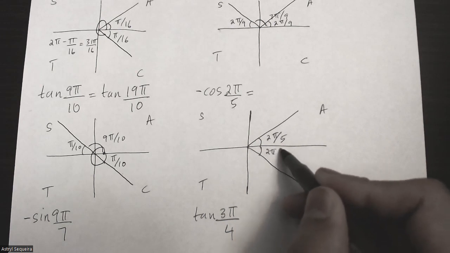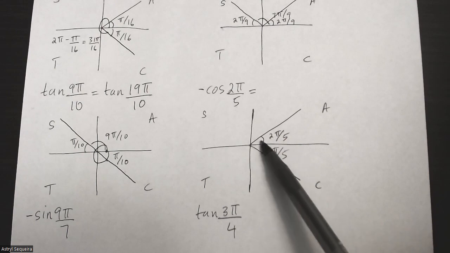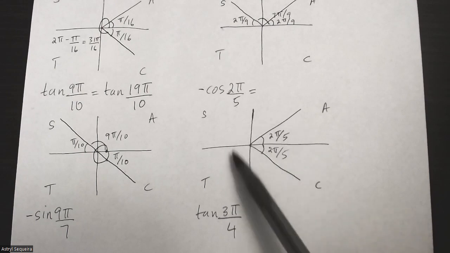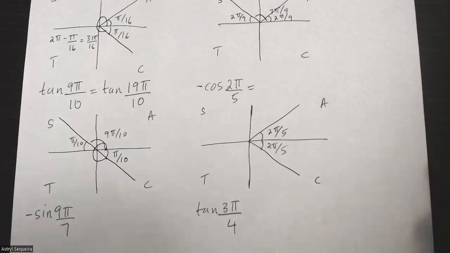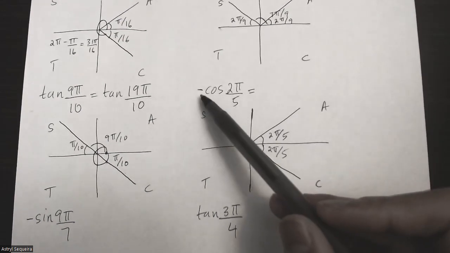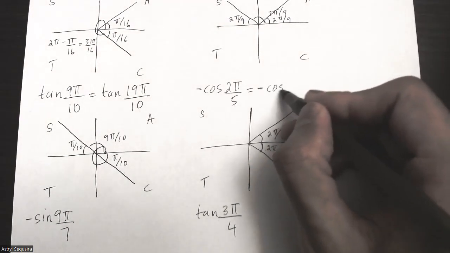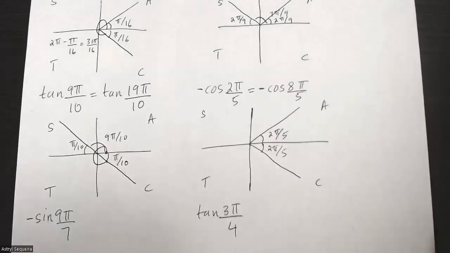Acute angle is the same, 2 pi over 5. And then I'm going to do 2 pi minus 2 pi over 5 to get my whole principal angle over here. So 2 pi minus 2 pi over 5 is 8 pi over 5. So because of this negative, now I'm also going to make this a negative here and make this negative cos 8 pi over 5.